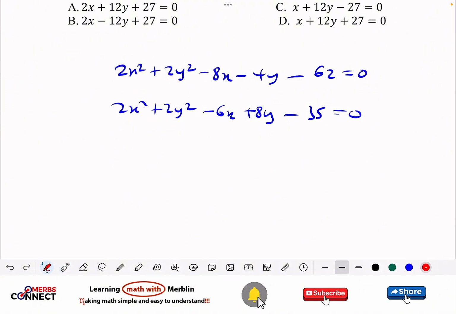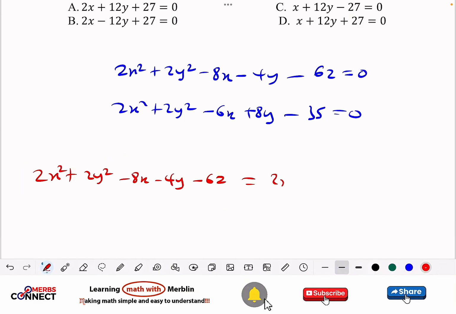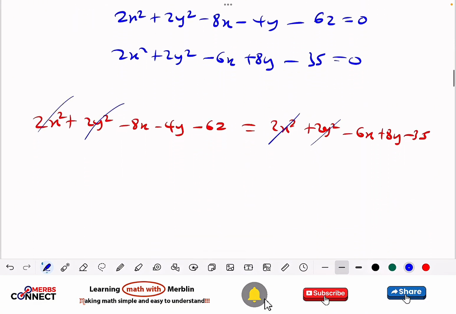So I'm going to have 2x squared plus 2y squared minus 8x minus 4y minus 62 to be equal to 2x squared plus 2y squared minus 6x plus 8y minus 35. This will cancel this. This will cancel that.